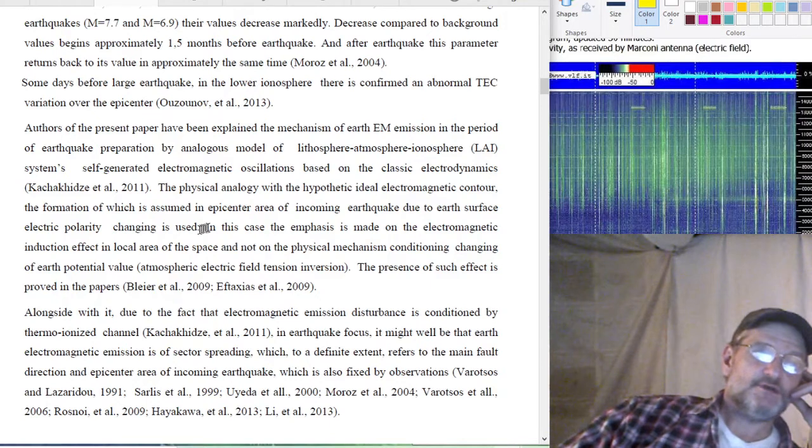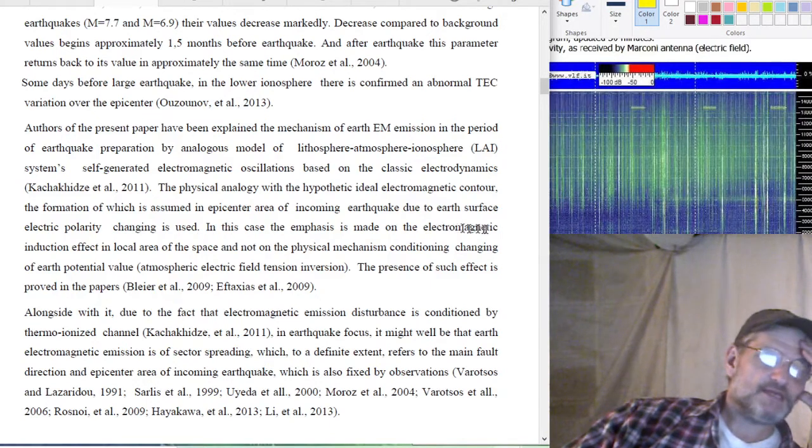Changing is used. In this case, the emphasis is made on the electromagnetic induction effect in local area of the space and not on the physical mechanism conditioning changing of Earth potential value, in parentheses, atmospheric electric field tension inversion.